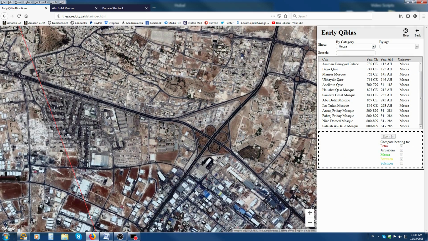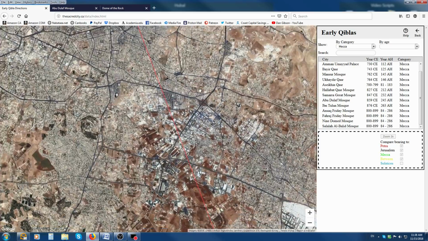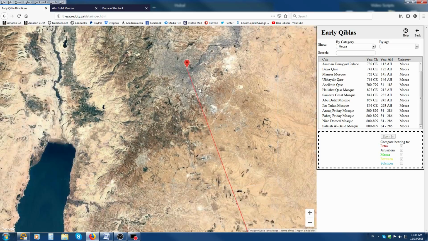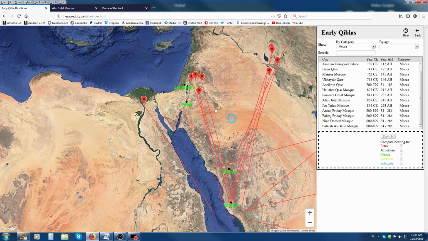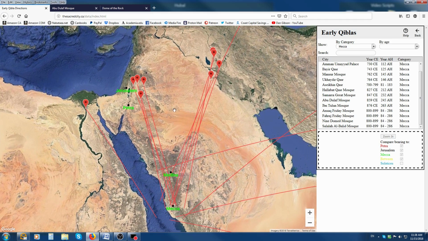So we've got to zoom back out. I'm just rolling my scroll button out so I can see what mosques were directed at Mecca. And you see, okay, look, there are mosques looking at Mecca in the first two centuries. Now let's go over to the right-hand column, and here we can see, over on the right, the dates.